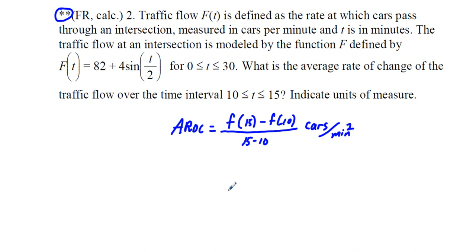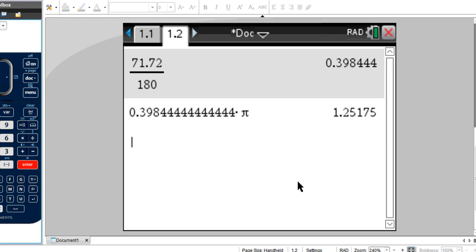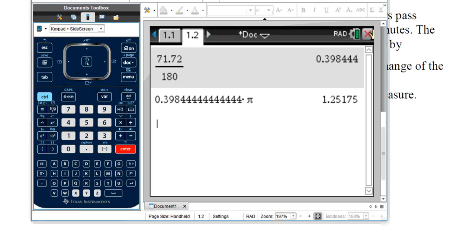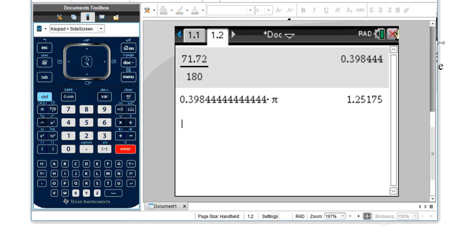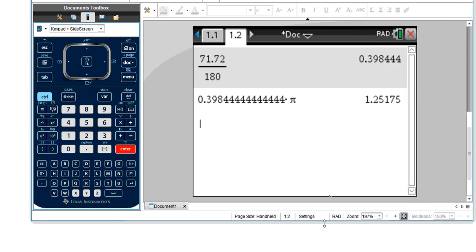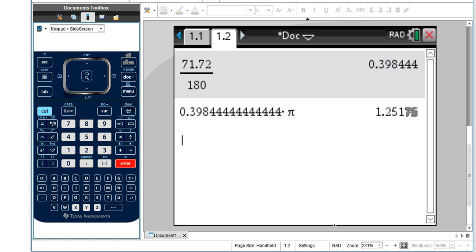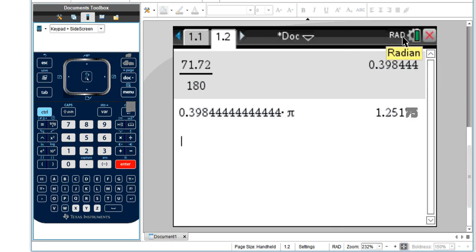So let's go ahead and look at this. Go to the calculator, and I'm going to get the calculator to the right dimension to see it entirely here. Okay, we are in radians in our calculators, and that's what we need for proper calculation. So I'm going to store a value. We're going to have f of b and f of a. We're going to use t since t is used here.